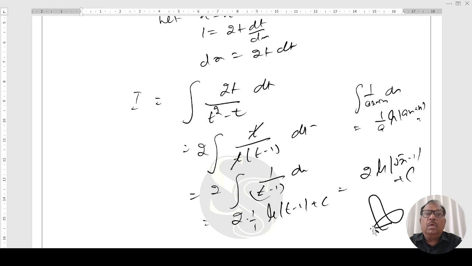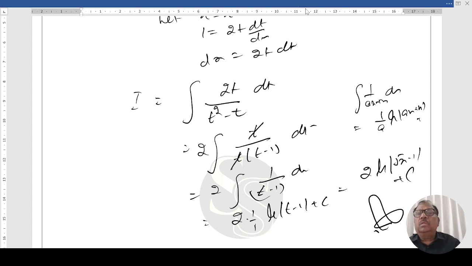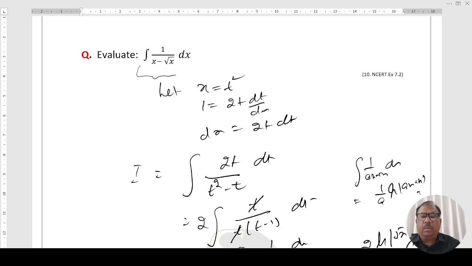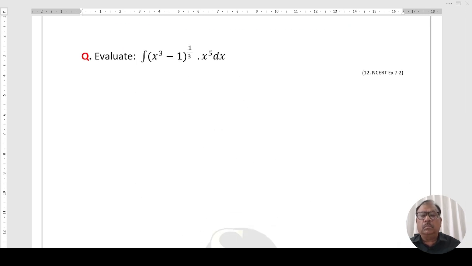This is the answer. This question has been taken from NCERT 7.2. Next question. Question is, evaluate x cube minus 1 की power 1 by 3 into x5.